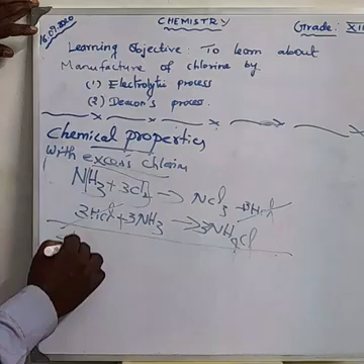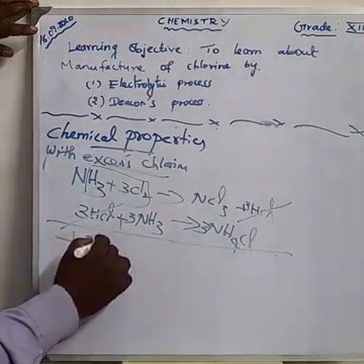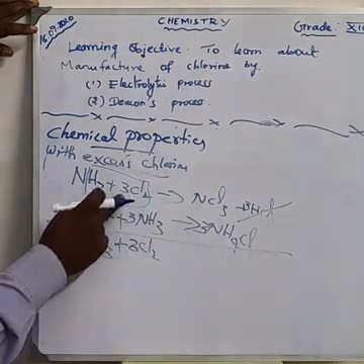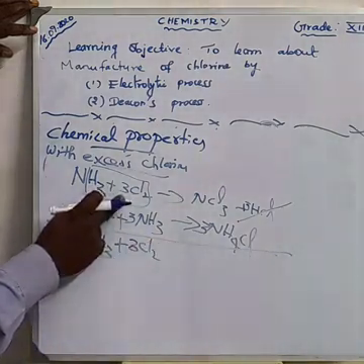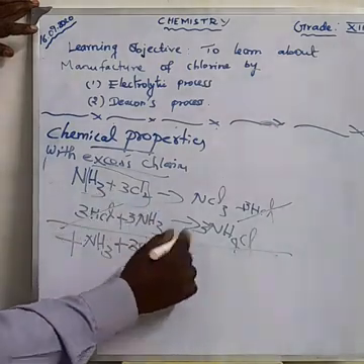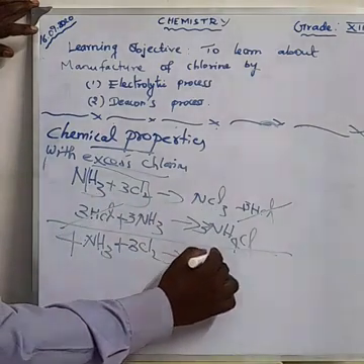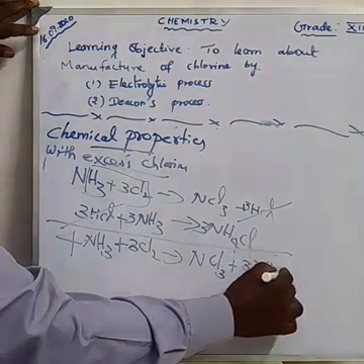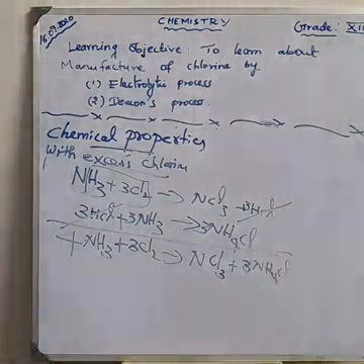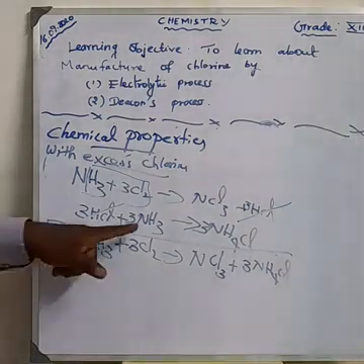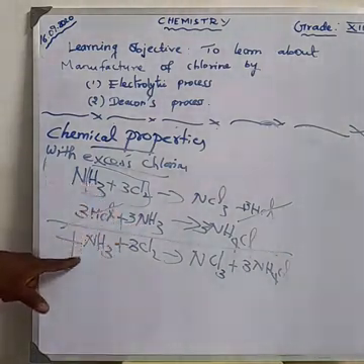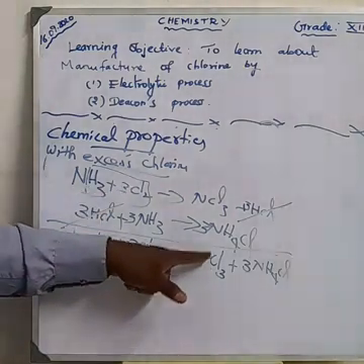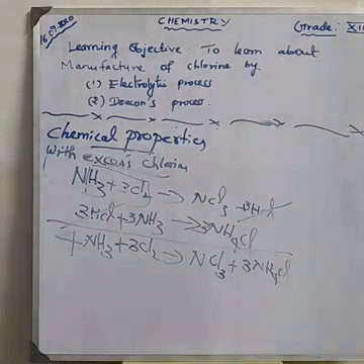So we get 4 moles of ammonia, NH3, plus 3Cl2 gives nitrogen trichloride plus 3 moles of ammonium chloride. Okay.